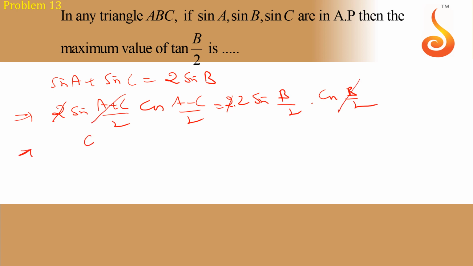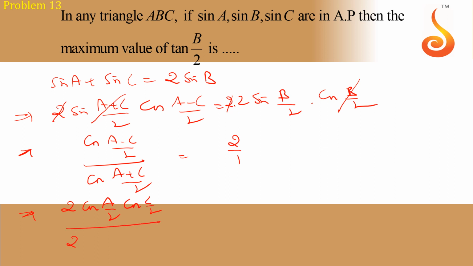So which is cos A minus C by 2 by, I want to write, cos A plus C by 2, which is 2 by 1. So if I apply componendo and dividendo, cos A minus C by 2 plus cos A plus C by 2 is 2 cos A by 2 cos C by 2, by cos difference minus cos sum, 2 sin A by 2 sin C by 2, is 3, 2 plus 1 by 2 minus 1, which is 3.